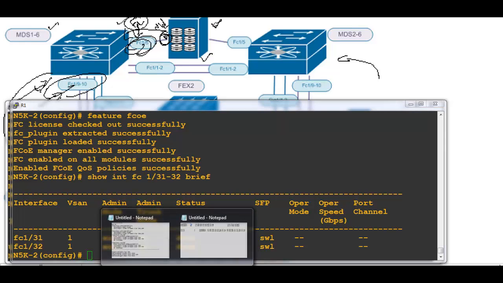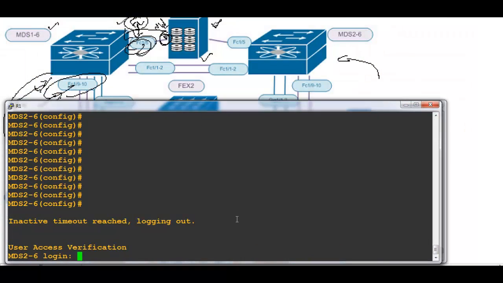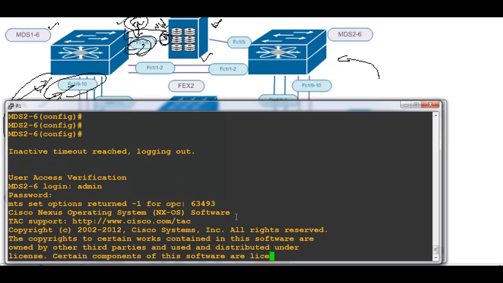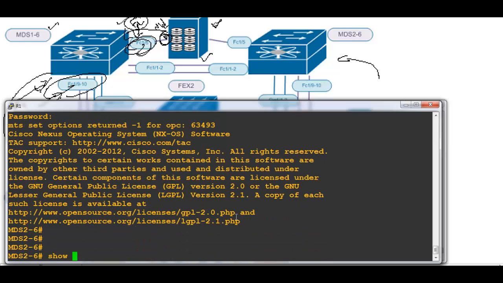Before that, let us finish MDS2. MDS2 admin. Okay. Here, show interface. See, these are the two interfaces, 1/9-10. Show interface fc1/9-10 brief.